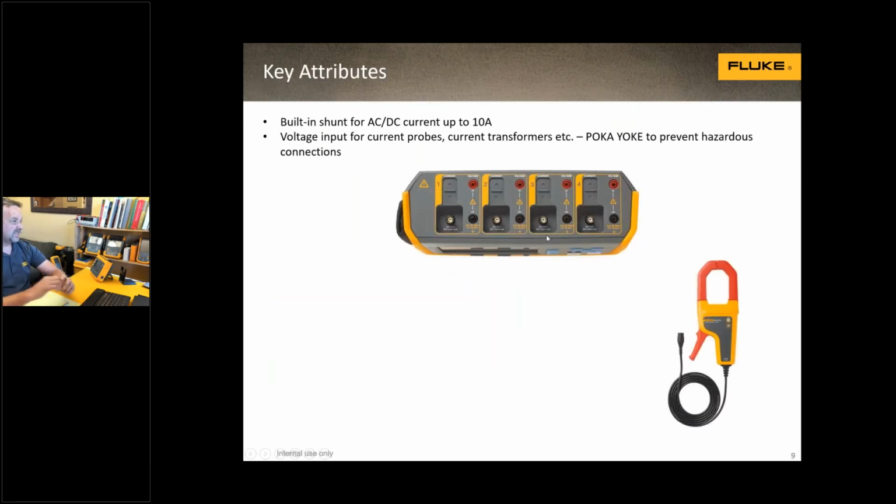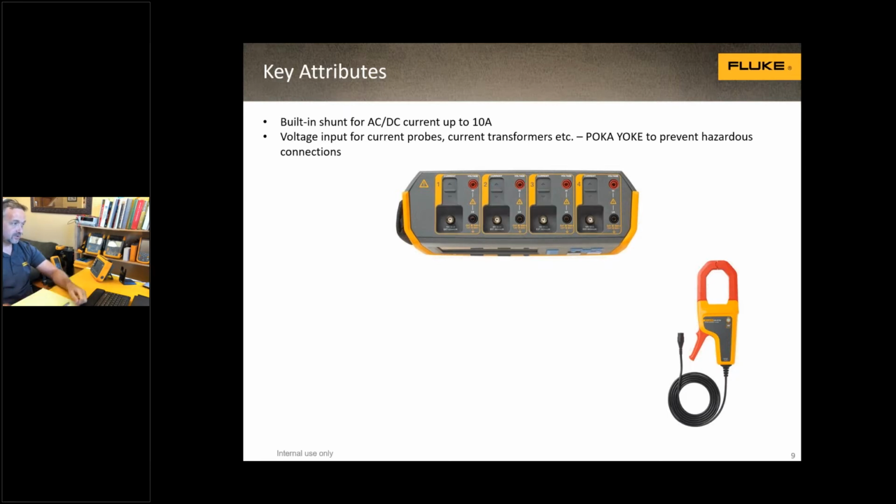The built-in shunt, up to 10 amps, lets you do lower milliamp measurements if you want to. And you can slide the cover back and forth to expose the regular BNCs if you have current clamps like that.